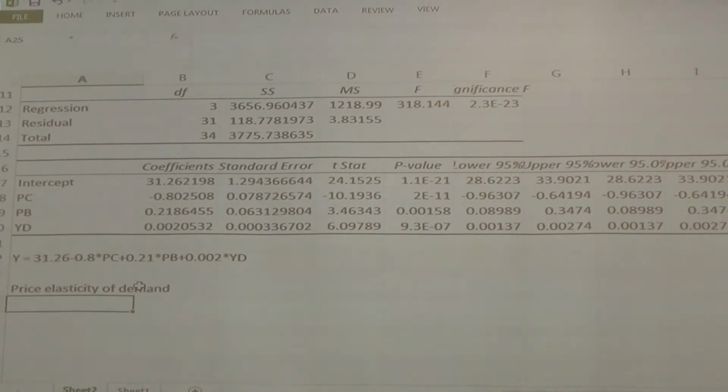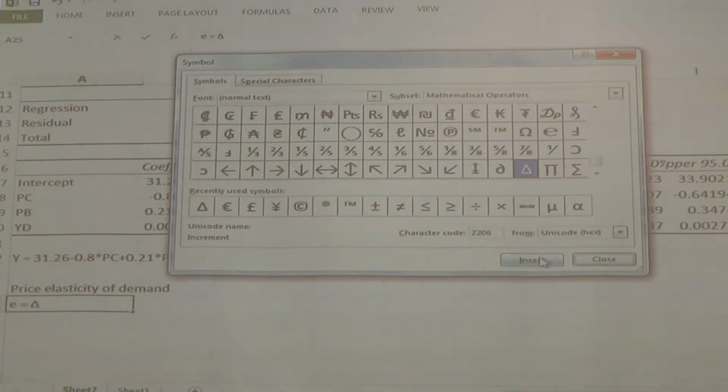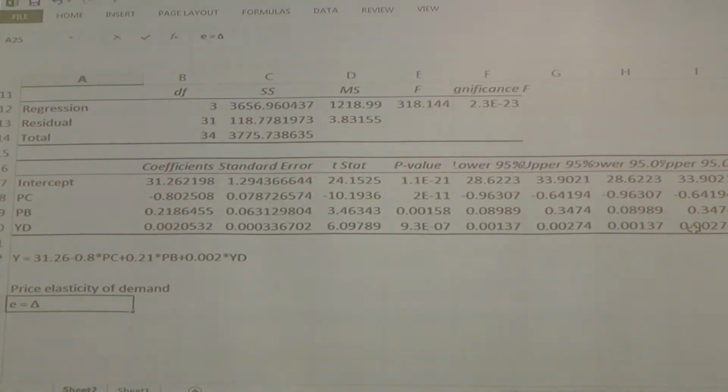We know that epsilon E is equal to percentage change of quantity. Here is change of y. We use y to denote quantity, or percentage change.